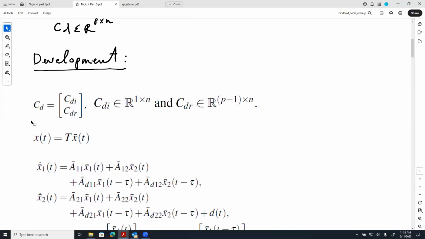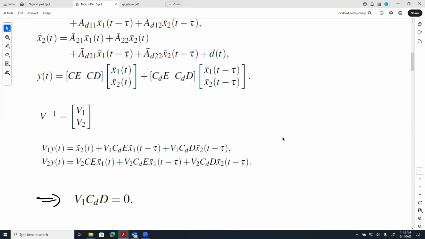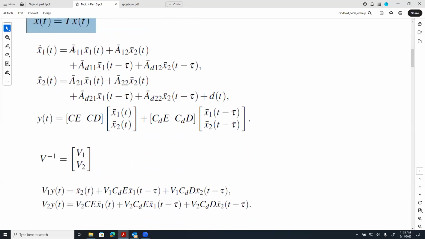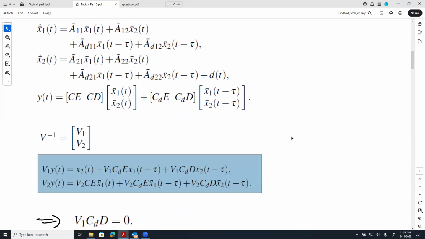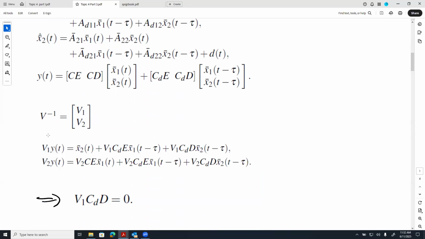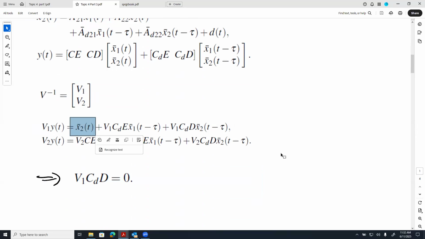And then by applying our matrix decomposition technique, we arrive at these equations here. And when we're exploring these two equations, particularly the first one, we need to impose structure on matrix CD. Otherwise, we're not able to express x bar 2(t) in its entirety, because it's got delay in there and all of that stuff. So we have to impose this structure in here.